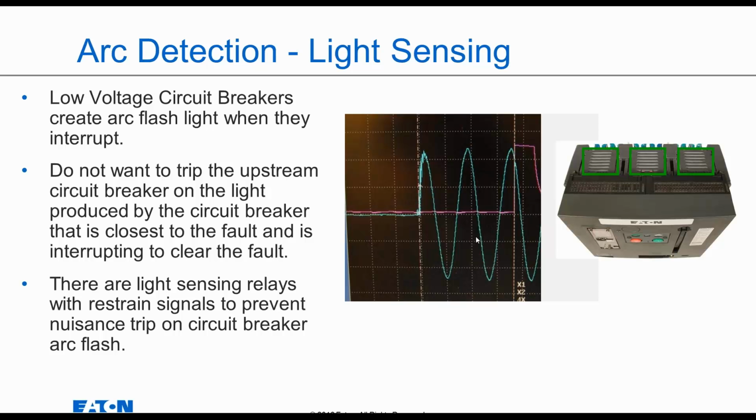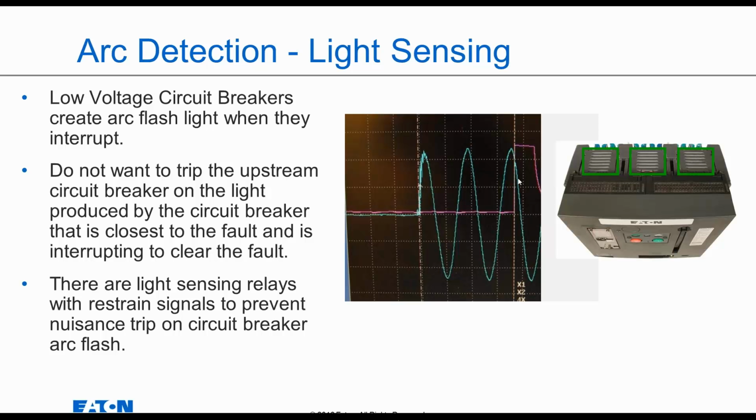There's no arc flash. The arc flash sensor does not pick it up, and so the relay does not see anything, but there's high current, and the breaker, sometime around this point, decides that it's taking out this fault, and it starts to interrupt, and then suddenly there's an arc flash coming out of the arc chutes of the breaker.